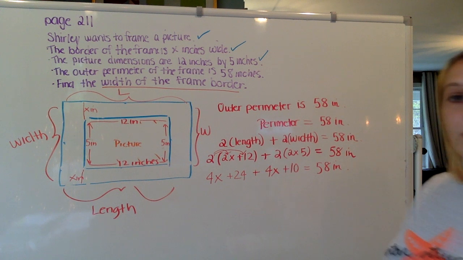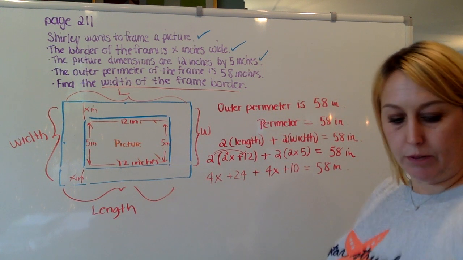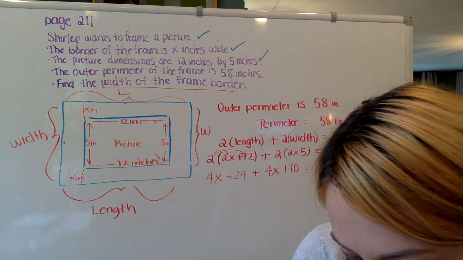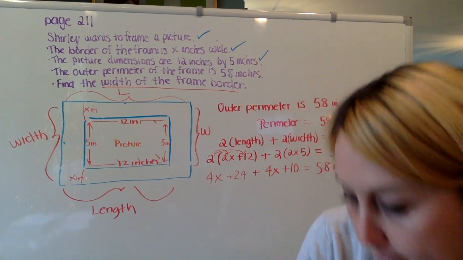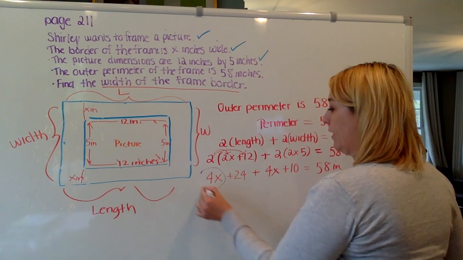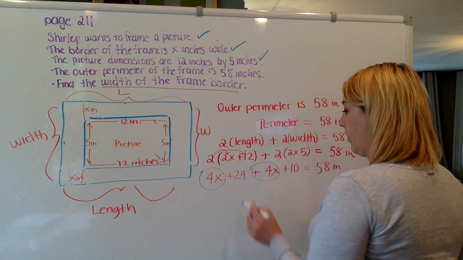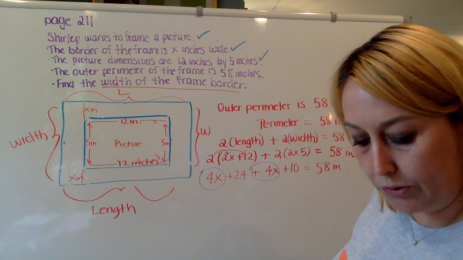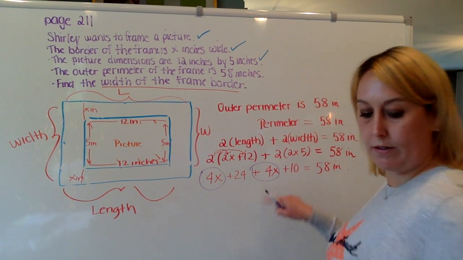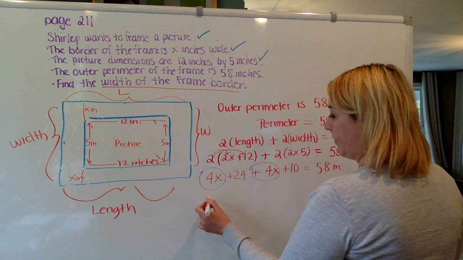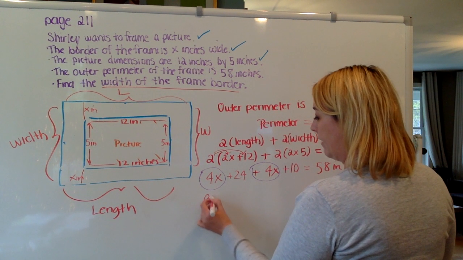Okay, now we need to start grouping like terms, right? And I'm going to use my handy dandy colors here. And I've got a 4x and I've got a positive 4x. So we're going to regroup those. So 4x plus 4x is 8x.